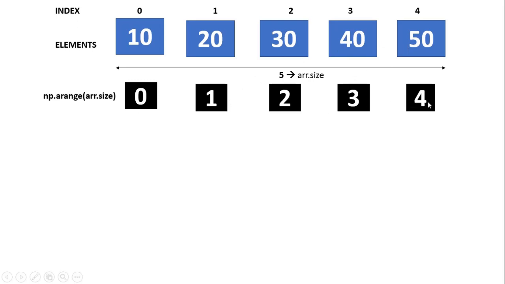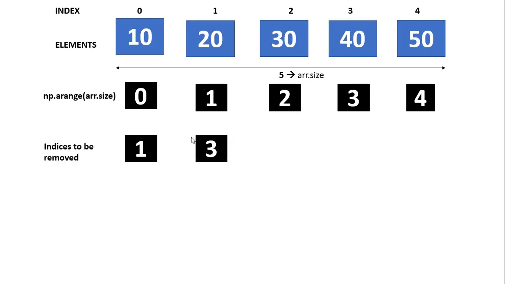So we can create this array with the help of the arange method of the Numpy library by passing the size of this array within the arange method. Now, if you have a close look, then you'll find that this newly formed array is nothing but an array storing the indices of each element present within the given array.